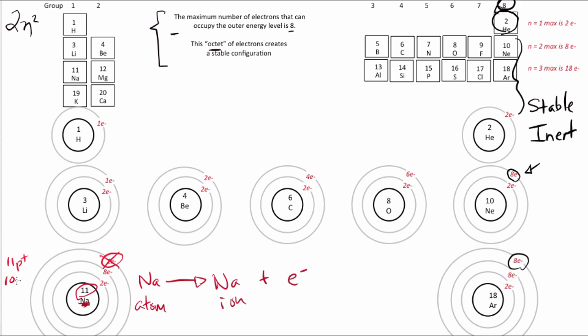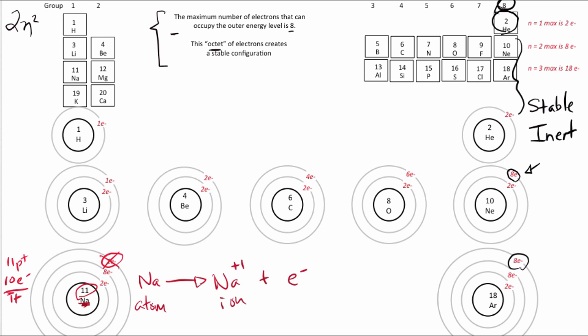But if you lose that electron, you now have one more positive charge. So the ion is going to have a +1 charge on it. Remember, atoms are electrically neutral. They have the same number of protons as they do electrons.